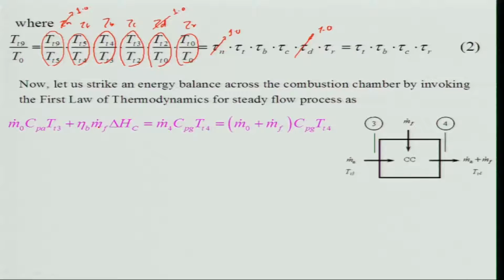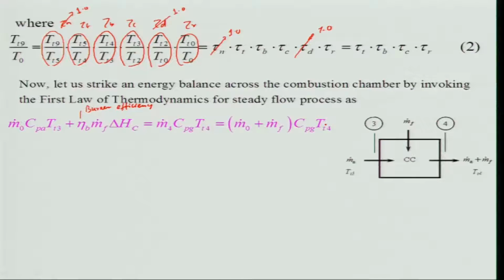But not all the fuel can be converted into complete product, so there is a burner efficiency, which we have already defined and which is always less than 1, equal to m dot 4 C P G T T 4, where m dot 4 is m dot O plus m dot F.